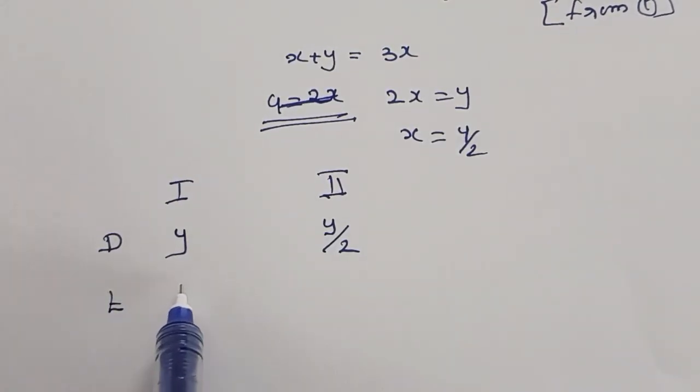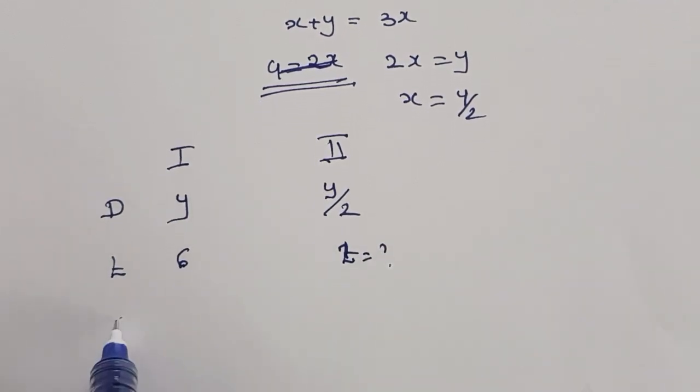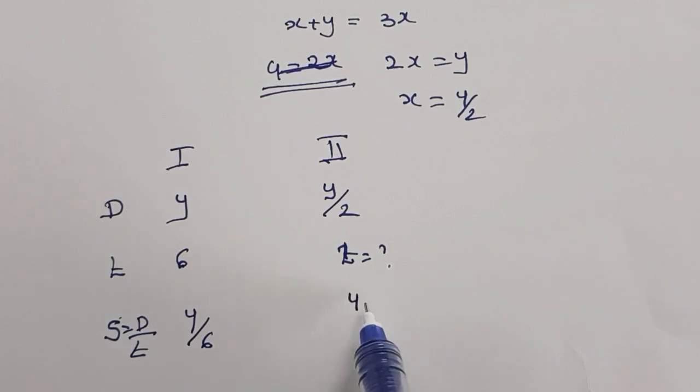Time taken in the first case equals 6 seconds. In the second case we have to find it. Now speed equals distance divided by time. Here it is y by 6 and here y by 2 divided by t.